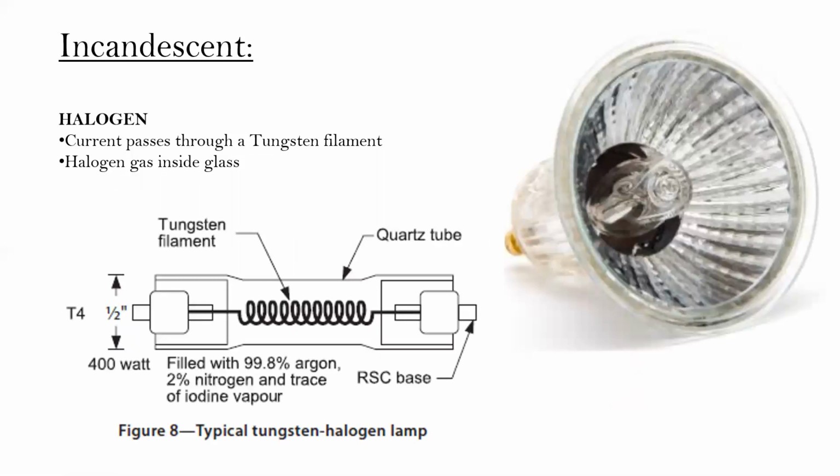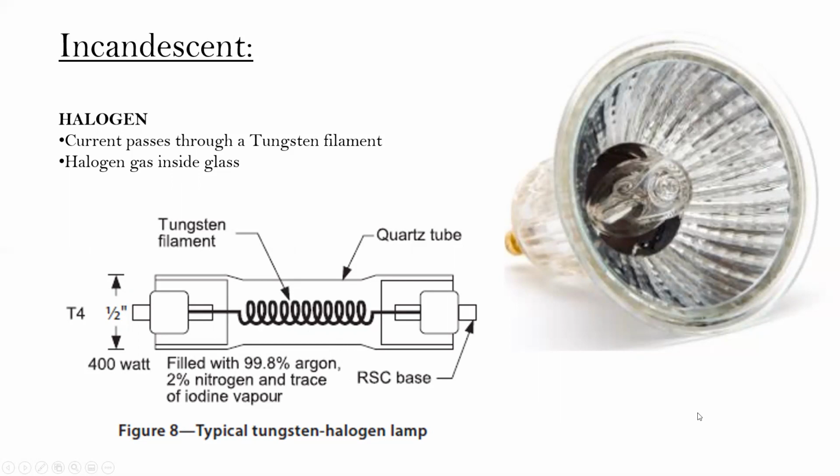The main step forward in technology for incandescent was the halogen lamp, and that's where we took the same tungsten filament, but this time we enclosed it in a small capsule that was filled with a hydrogen gas, and there's all sorts of different types of gases that we would put in there as well.